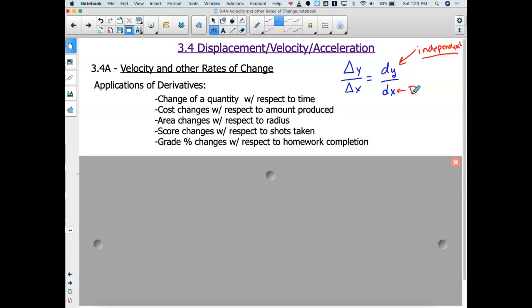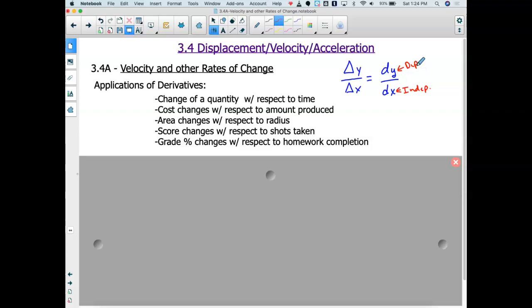Or excuse me, I got those flip-flopped. I'm sorry, this thing's not working very well. Independent is on the bottom, dependent is on the top, okay?